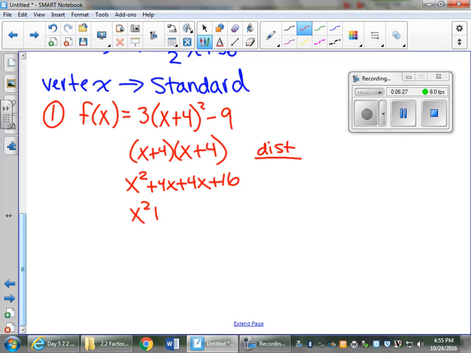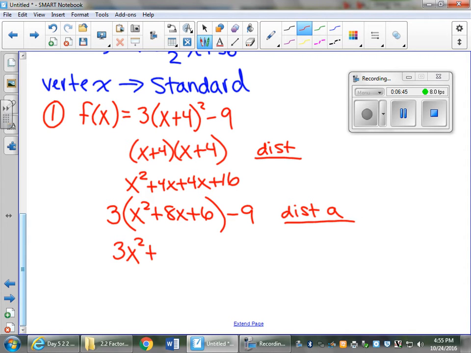Combine my like terms in the center, throw it back in parentheses, and I still have my a value and my k value to take care of. A value comes next. So we're now going to distribute the a. And bring down the k.